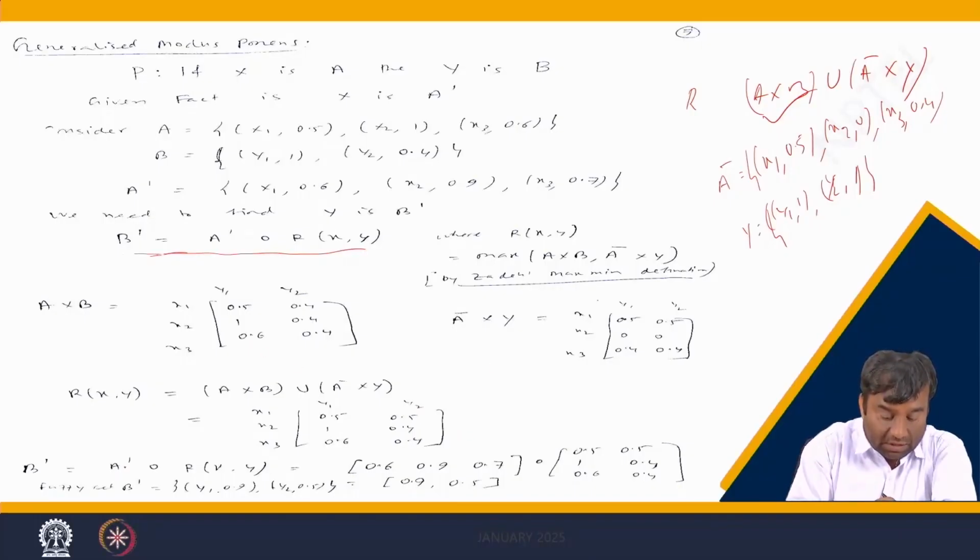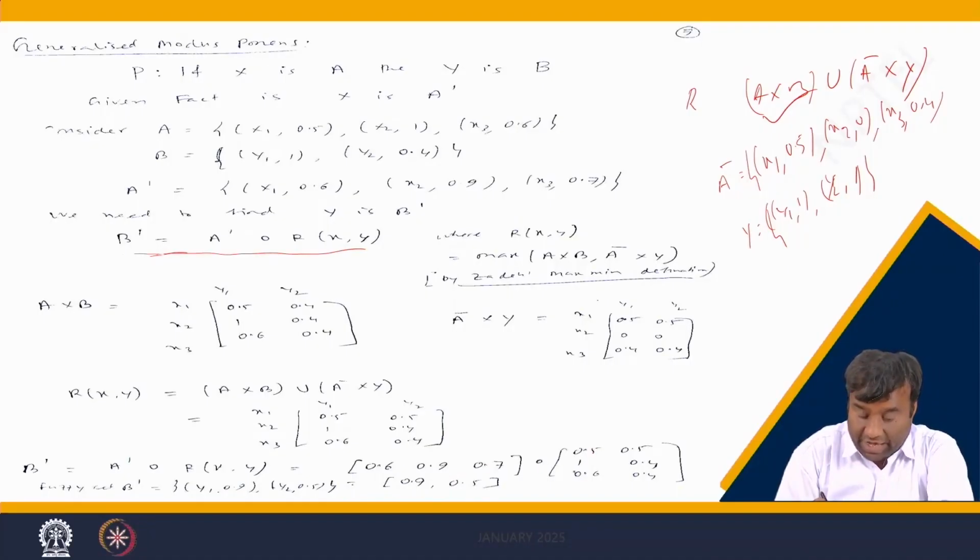Now B dash is the composition of A dash, which is given as 0.6, 0.9, 0.7, max-min composition with 0.5, 1, 0.6, 0.5, 0.4, 0.4. First find the minimum values: minimum of 0.6 and 0.5, minimum of 0.9 and 1, minimum of 0.7 and 0.6.